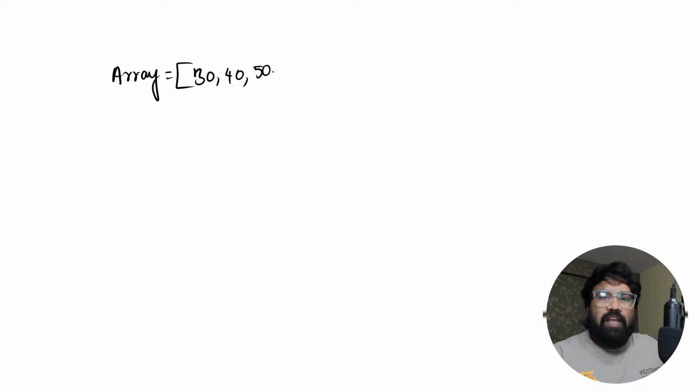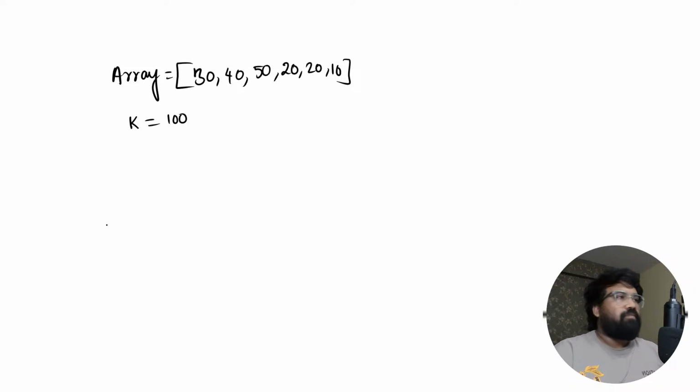Okay, how the dynamic sliding window will work, I will tell you. For example, there is an array: 30, 40, 50, 20, 20, 10, and the required sum is equal to 100. Now see what will happen.